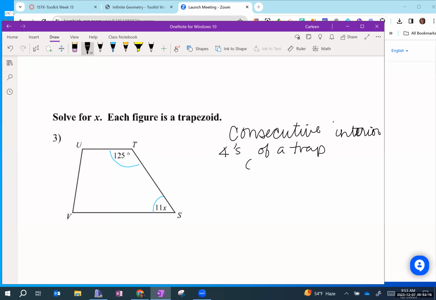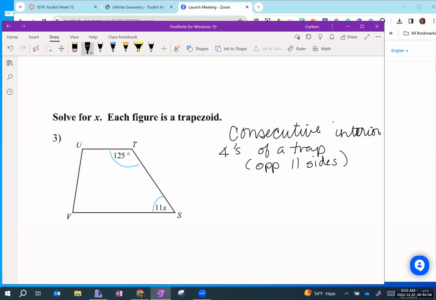Now, disclaimer, they have to be on opposite parallel sides. All right. You guys are like, hurry up.